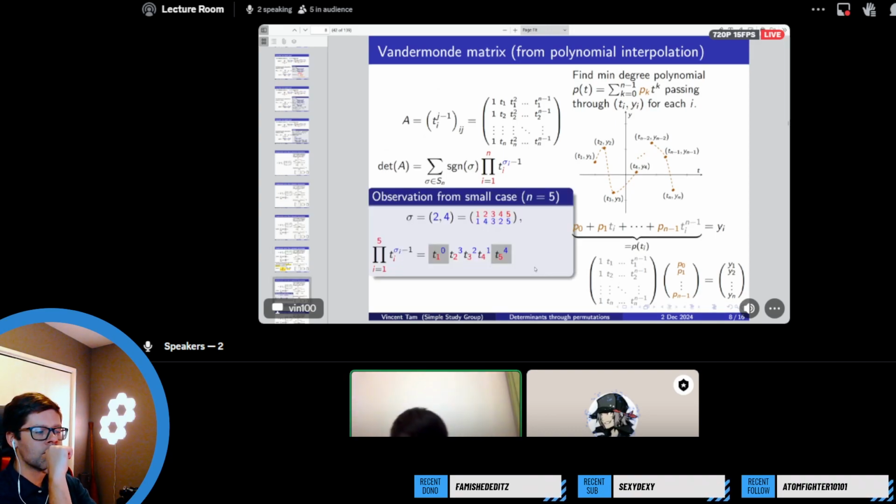And actually I'm puzzled. Instead of looking into books, I just sit down and try some small cases and try to get some intuition from it. So I'll try a really small case with n equals 5, and with sigma equal to the swapping of 2 and 4.